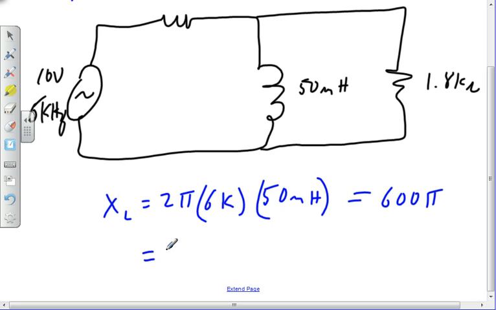Okay, so 600 times pi equals 1.88 kilo ohms, angle 90 degrees. Okay.